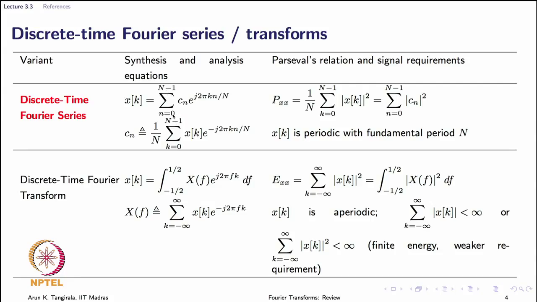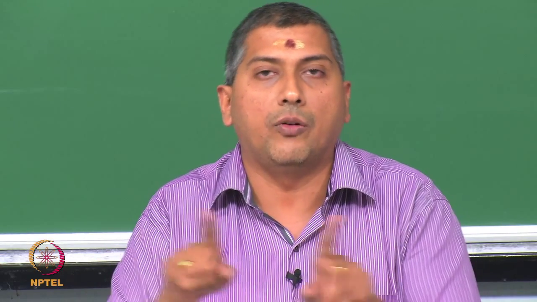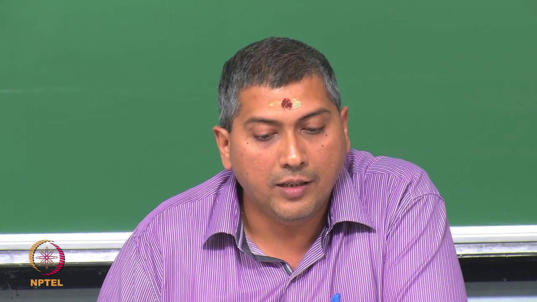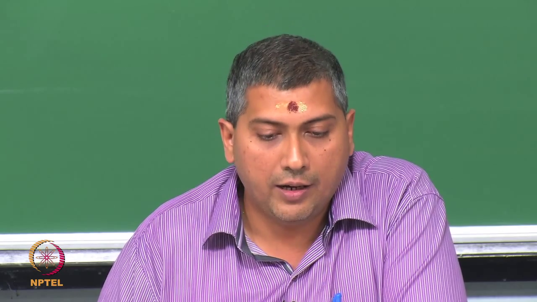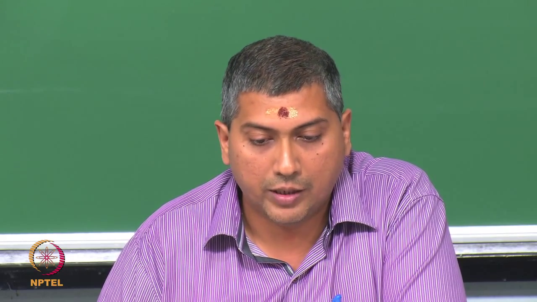As the index runs from 0 to N minus 1, I am actually spanning the entire fundamental frequency range from minus 0.5 to 0.5 or 0 to 1, whichever way you look at it in cyclic frequency. And this is the usual Fourier analysis equation, or the expression for the Fourier coefficient.